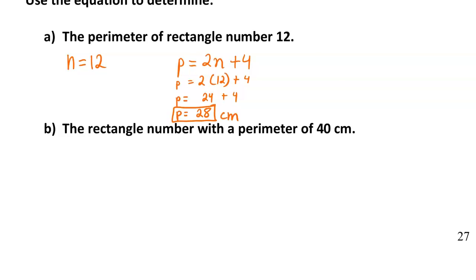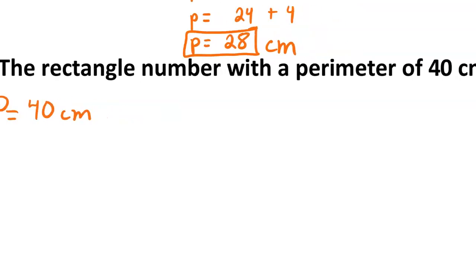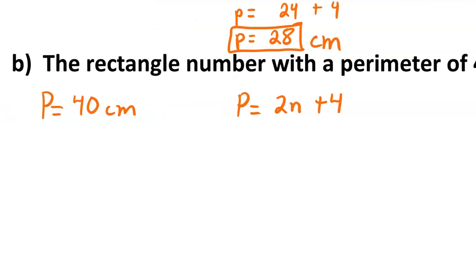Now it's asking for the rectangle number with a perimeter of 40 centimeters. So this time we know that P equals 40 centimeters, and we're going to be working backwards. Same equation, P equals 2n plus 4. Because we know P is 40 centimeters, we substitute that in: 40 equals 2n plus 4.